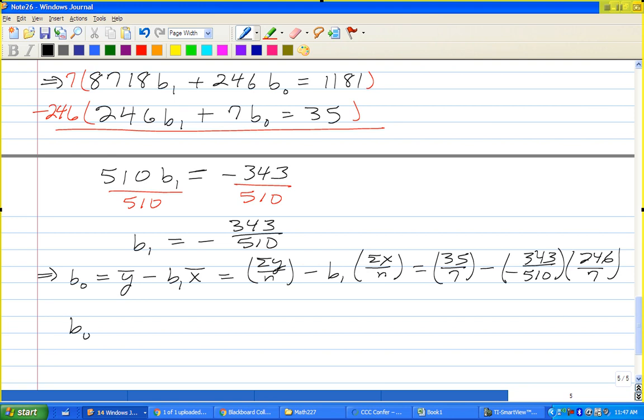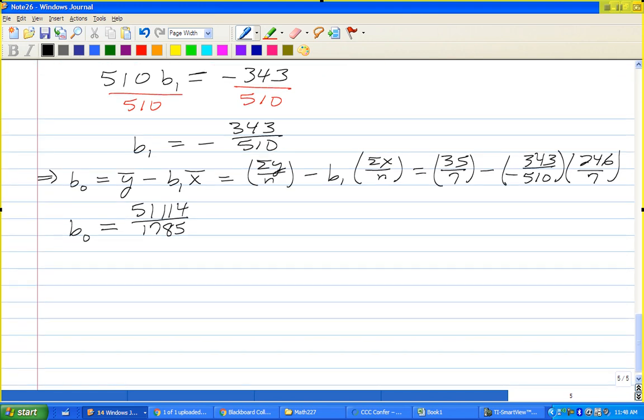And so B0 is just going to equal, plug that into your calculator, 51,114 over 1785, reducing it. And so I get the following regression equation.